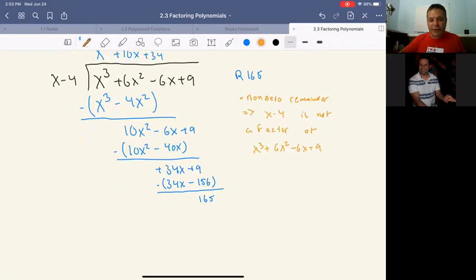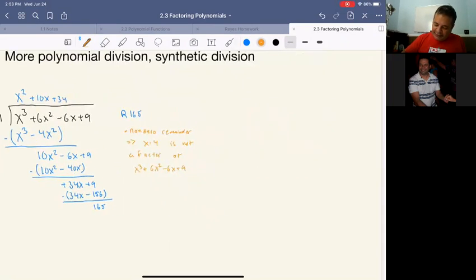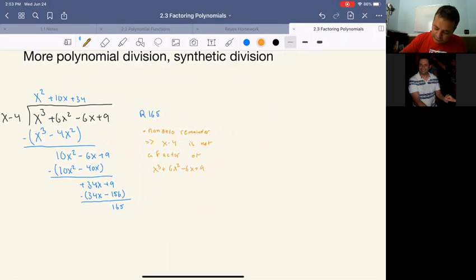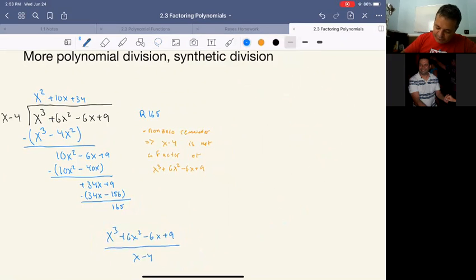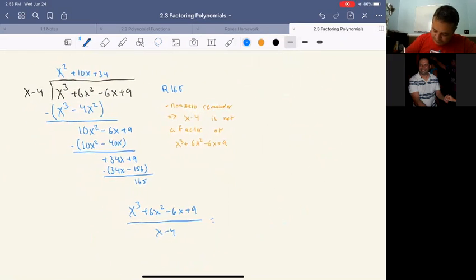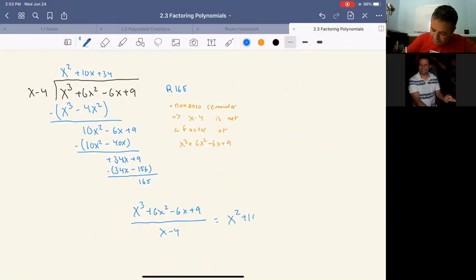In fact, we could write this as x cubed plus 6x squared minus 6x plus 9 divided by x minus 4 equals x squared plus 10x plus 34 plus 165 divided by x minus 4.